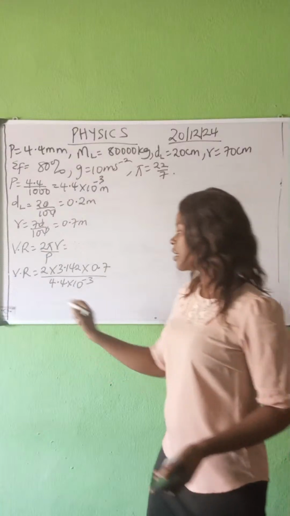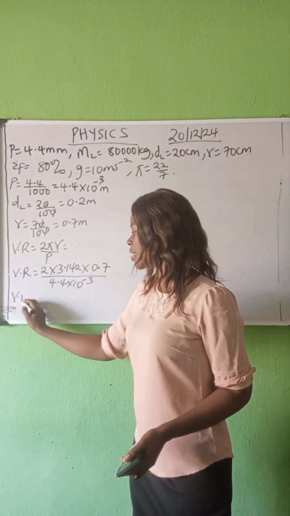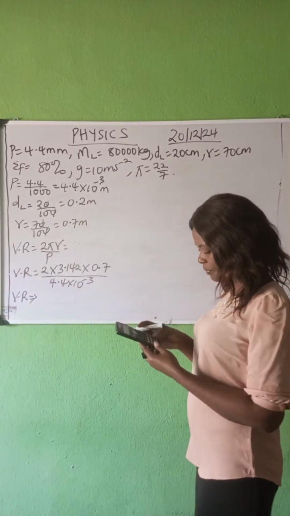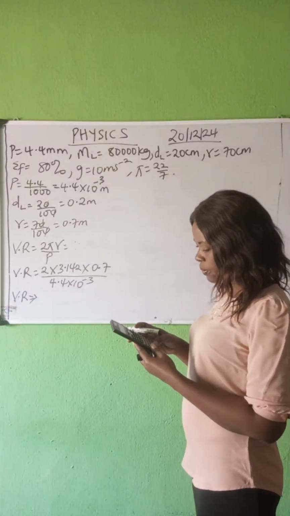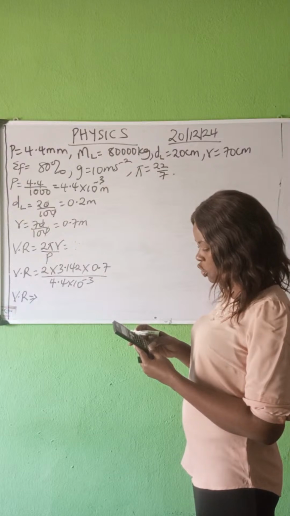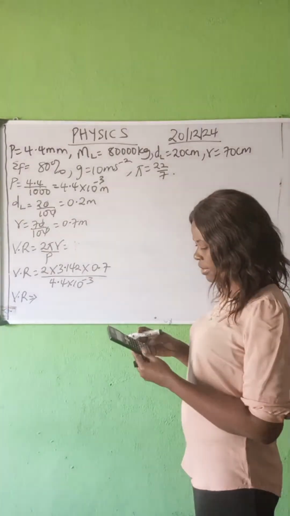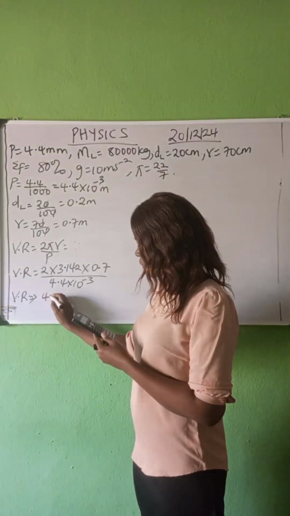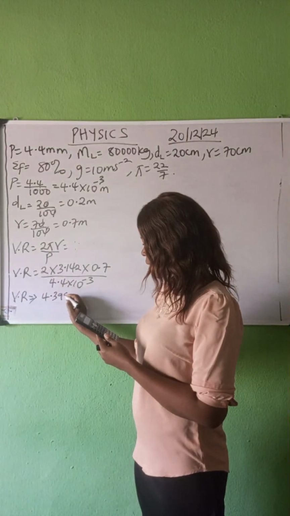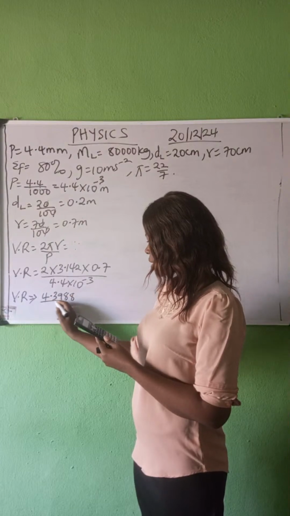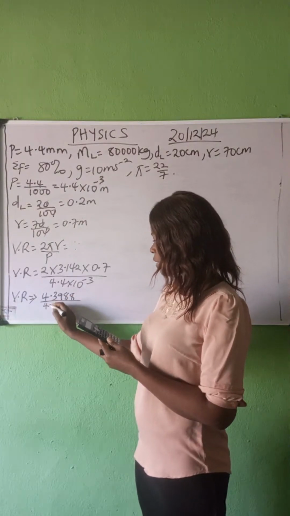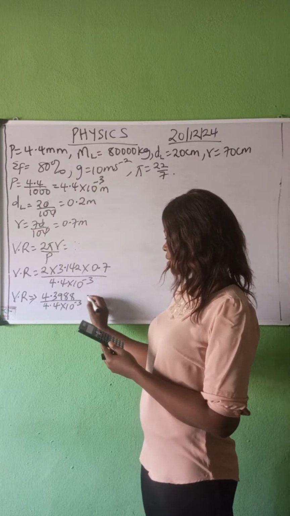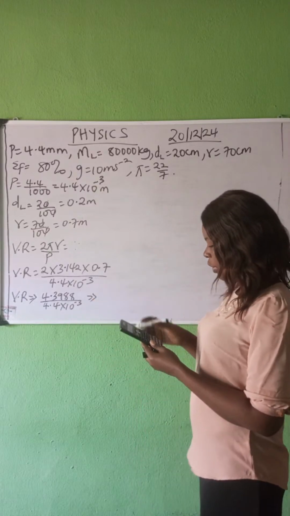Is that clear? Okay, so we'll bring it down. Let's multiply to see what we have. We have 2 times 3.142, then times 0.7, which gives 4.3988, divided by 4.4 times 10 raised to the power -3. So let's divide.